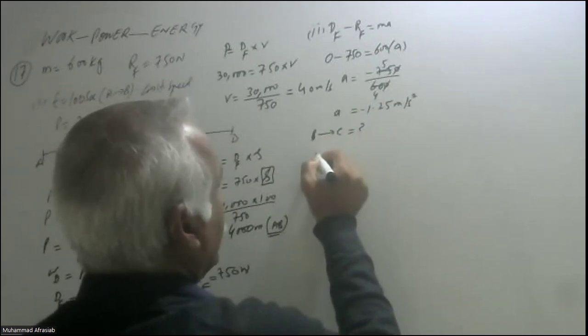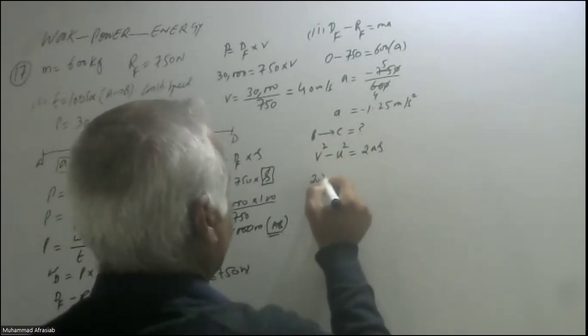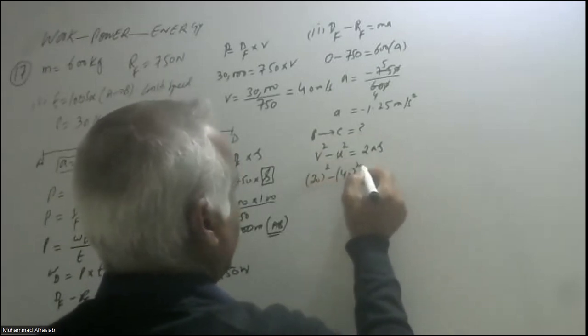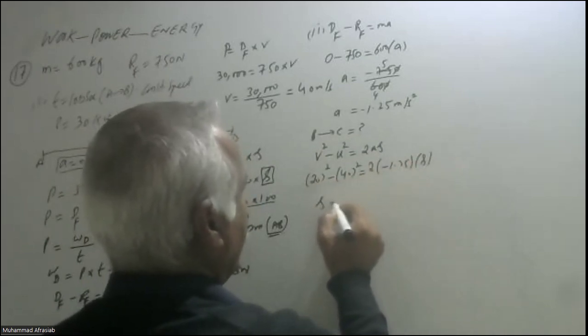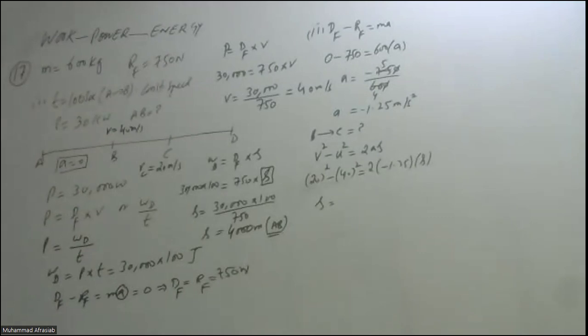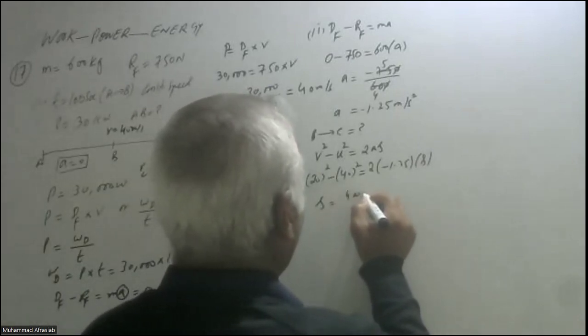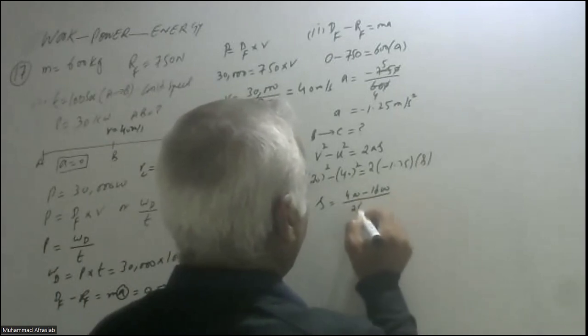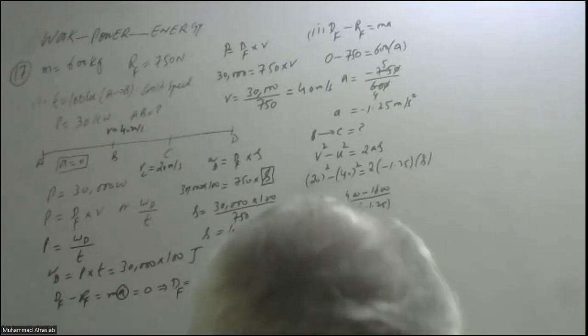We can use the equation v squared minus u squared is equal to 2as. v is 20 squared minus u is 40 squared, equal to 2 times acceleration, minus 1.25, times S. So S is equal to 400 minus 1600 divided by 2 times minus 1.25, and S will be equal to 480 meters.